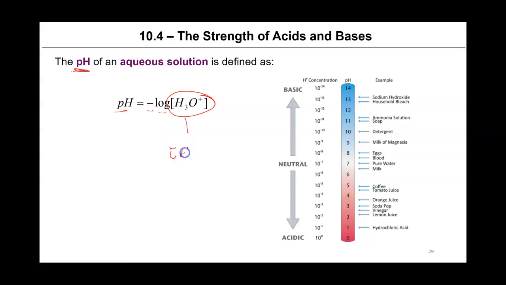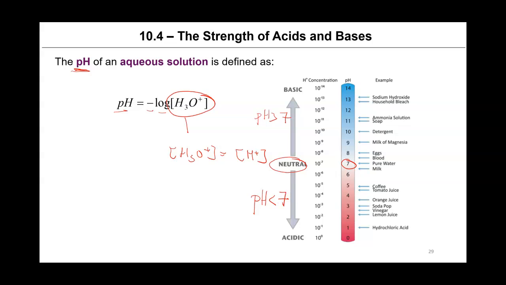It should be noted that hydronium ion concentration and H plus concentration are always equal. A neutral solution has a pH of 7. Solutions that are basic have a pH that is greater than 7, and solutions that are acidic have a pH that is less than 7.